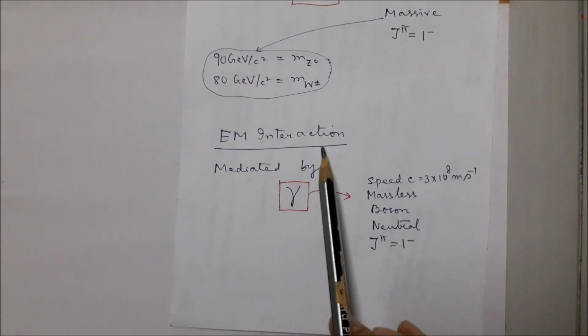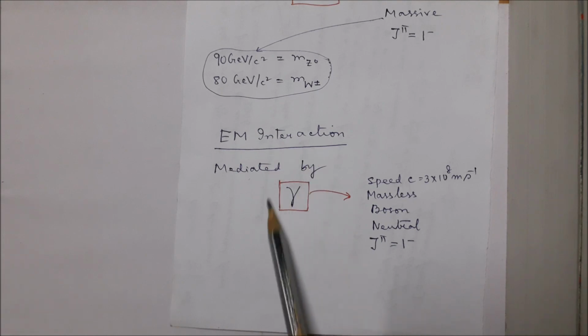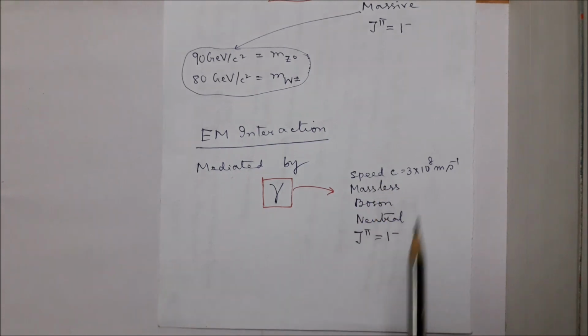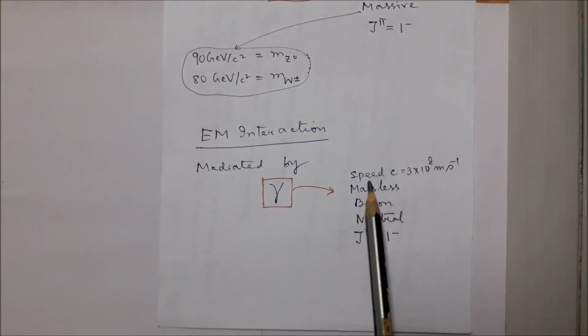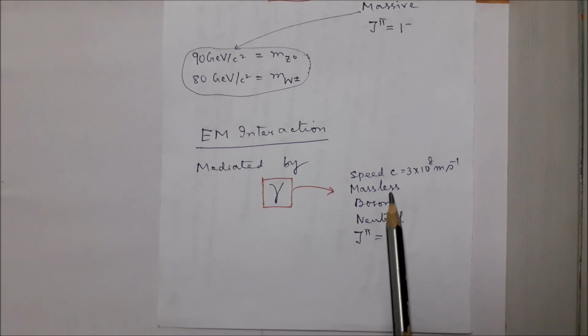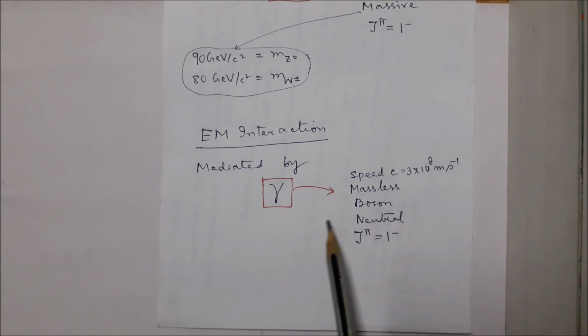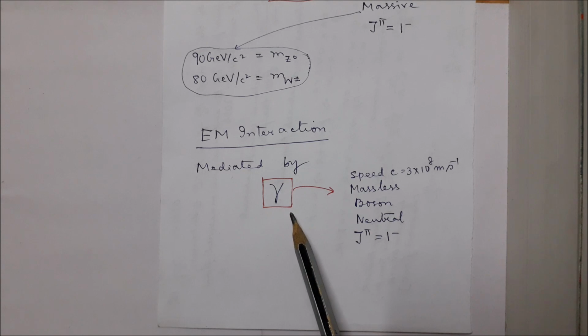The electromagnetic interaction is mediated by the photon, which has these characteristics: speed that of light, massless, neutral, they do not carry any electric charge, and they are mediators between two charged particles.